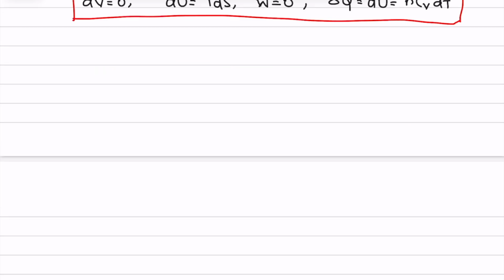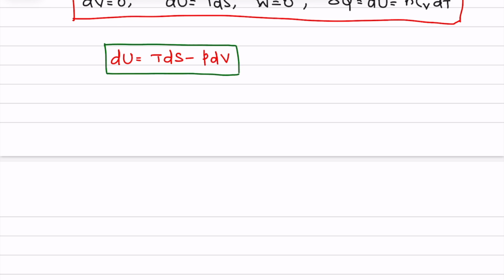Now, isobaric. Can we derive it? What is our fundamental equation? Let us remind again. dU is equal to TdS minus PdV. From this only we are deriving everything by taking mass transfer as neglected.